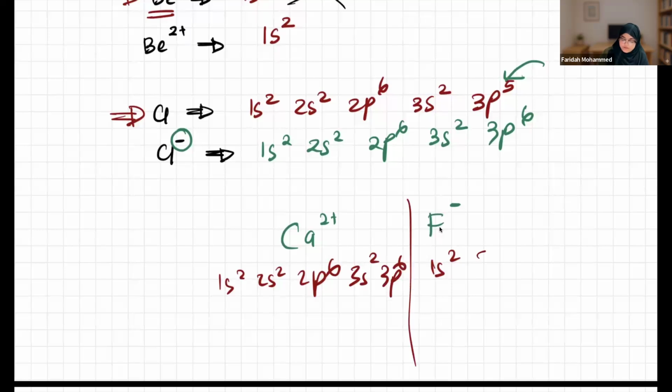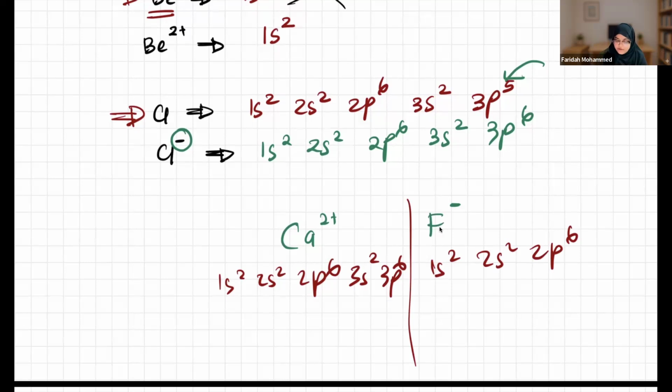And then for fluorine, 1s2, 2s2, 2p6. Now, you cannot just leave your reasoning as, oh, this is the configuration, that's why it's bigger. No, you're not going to get the point for the reasoning. You have to explain why.